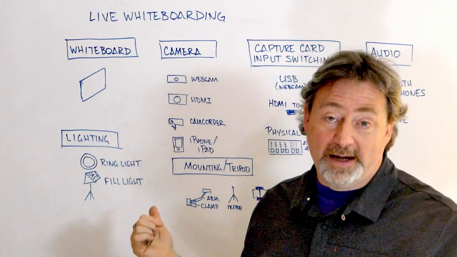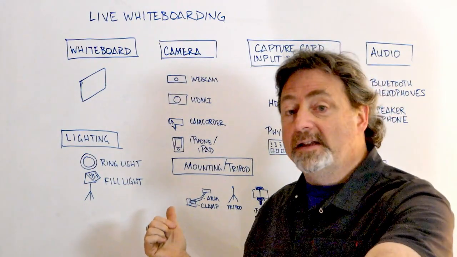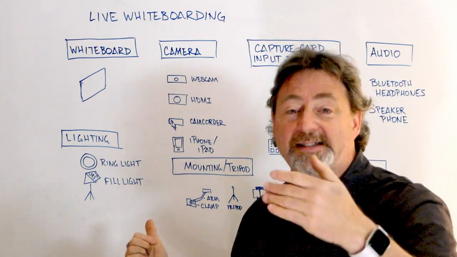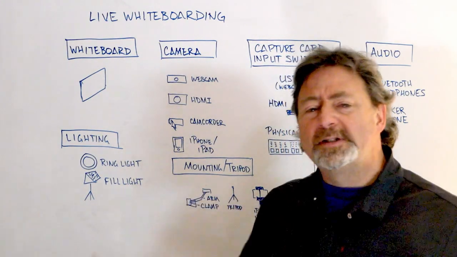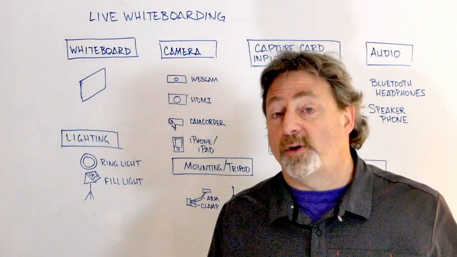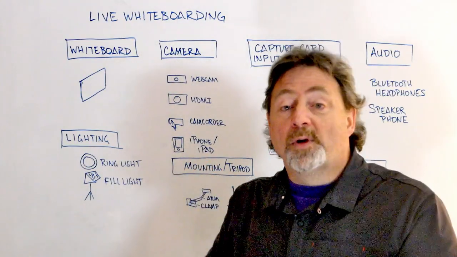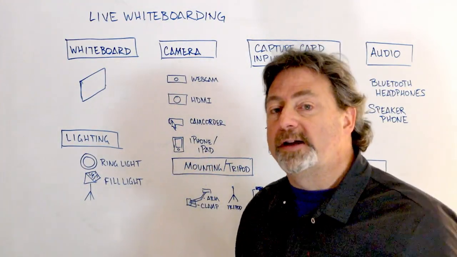And if I do it right, I can actually be seeing the people on the call at the same time, right? But I have to use the front-facing camera, which isn't always as high quality as others. But if I need more interactivity, that's a great way to do it.